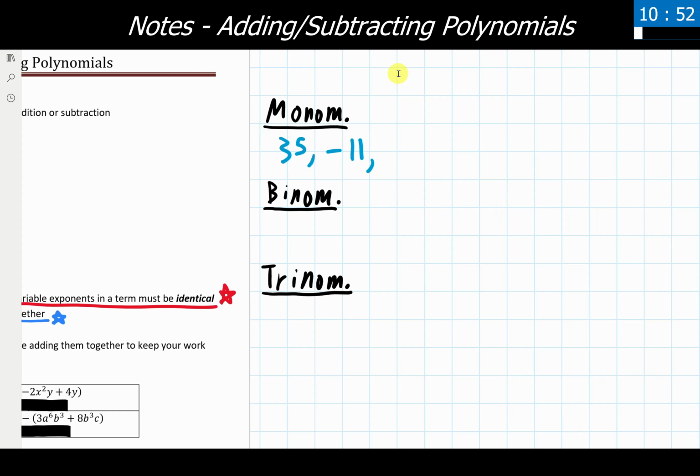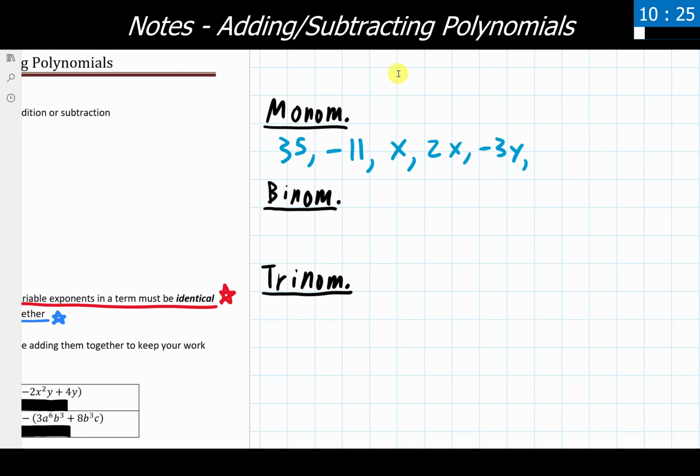We could also have a variable thrown into the mix, maybe just the letter x. And if we start combining variables and constants together, we can start to see varying kinds of monomials. So we could have something like 2x or -3y.